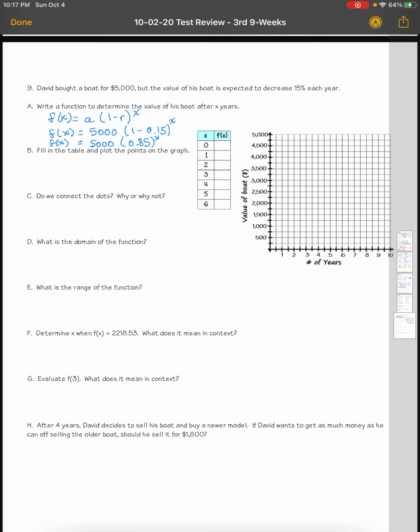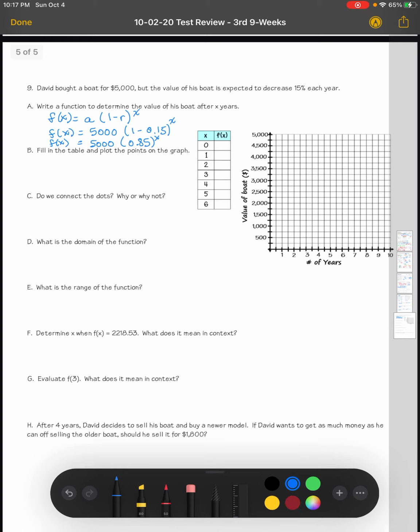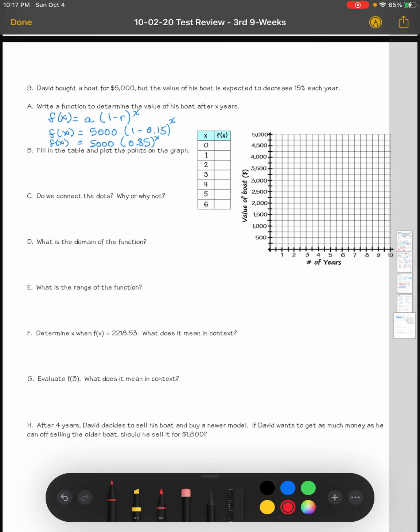Okay, so you can calculate the depreciation value after the number of years. So you should be able to do this using the calculator, plugging in 0 into your equation and get your value f of x. Then you do the same thing for the 1 all the way through 6.